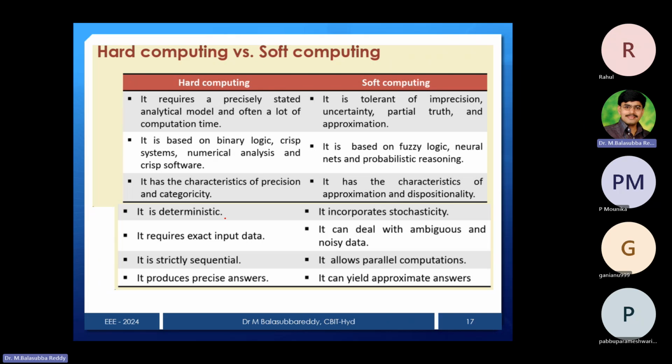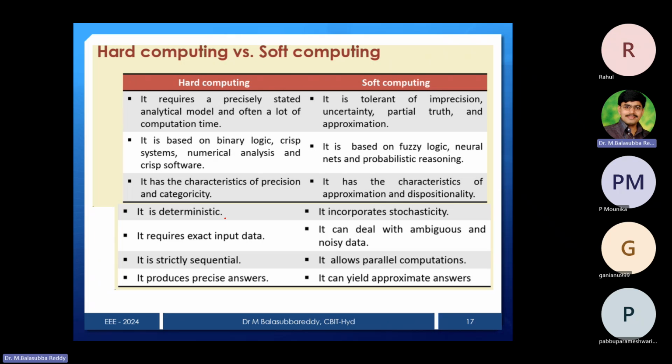So in hard computing, a huge computational requirement will be there. Soft computing deals with imprecision, uncertainty, partial truth and approximation. In soft computing, like fuzziness, some approximation takes place, whereas in hard computing direct results come into the picture.